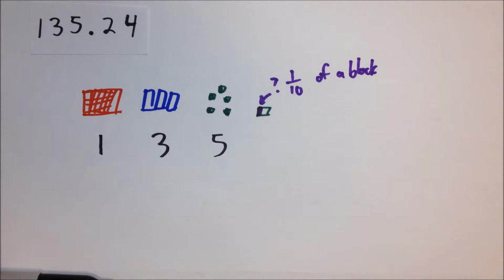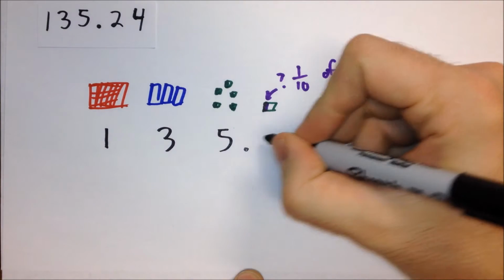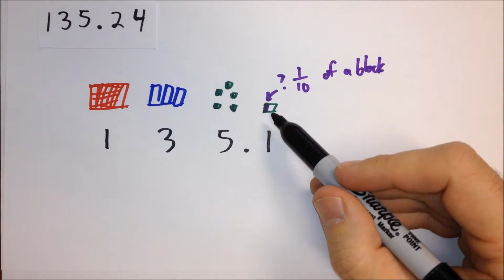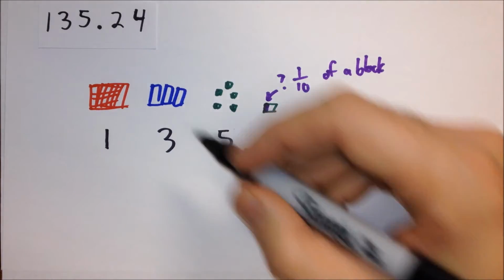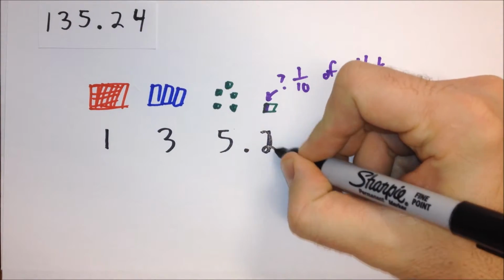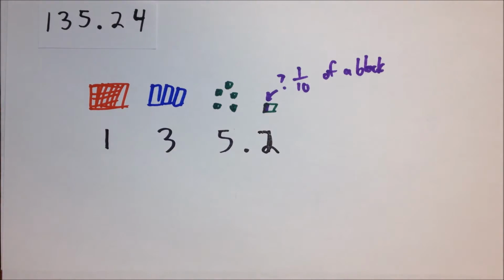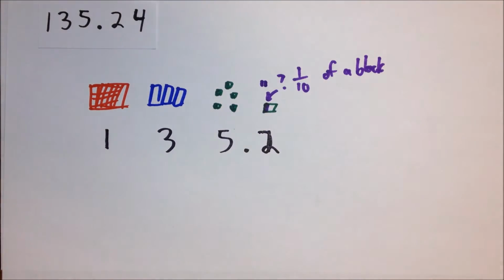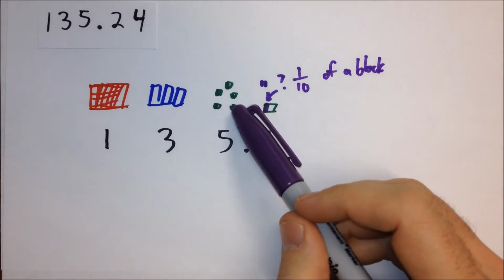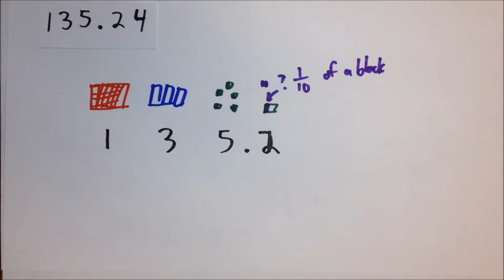And so we're going to put a decimal point and put a 1 for the 1/10 of a block spot. So we're going to say how many of those individual little strips do we have, and we are going to have 2 of them. So I'm going to draw 2 of those little tiny strips to make 2 little pieces that are each 1/10 the size of one of these blocks.